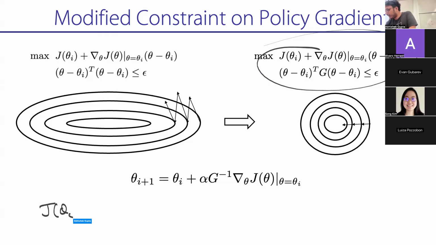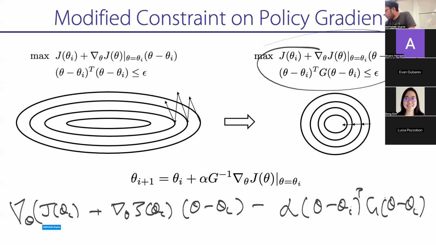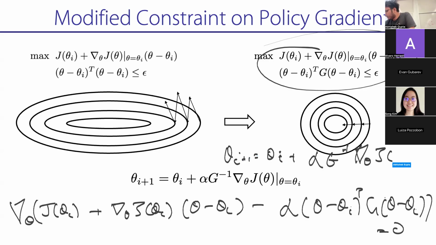You'll say J theta i plus grad theta J theta i times theta minus theta i, minus alpha times theta minus theta i transpose G theta minus theta i. You take the gradient of this thing and set it to 0. And so you get theta i plus 1 equal to theta i plus alpha times G inverse gradient theta J theta i.